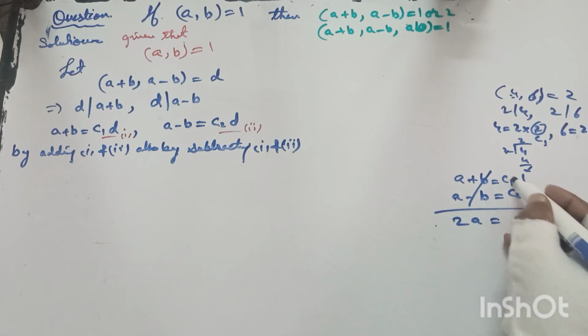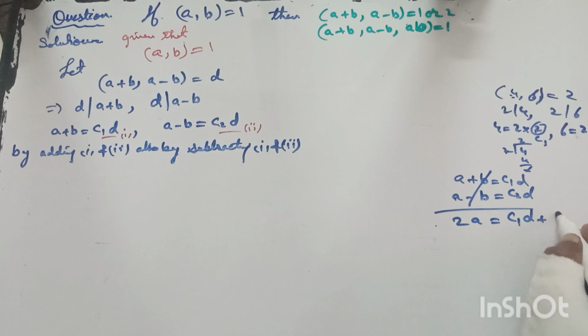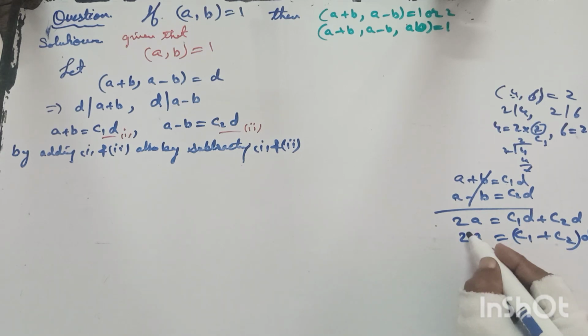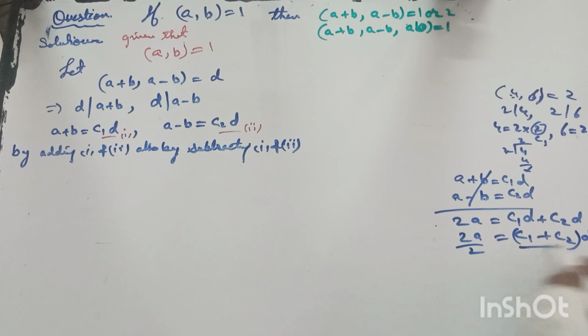A plus A is 2A, and this is C1D plus C2D. What is common in both terms? D is common. I want the value of A, so I divide by 2 on both sides.